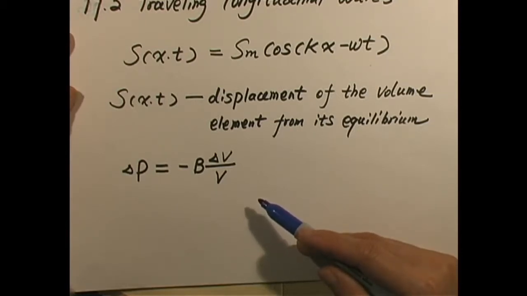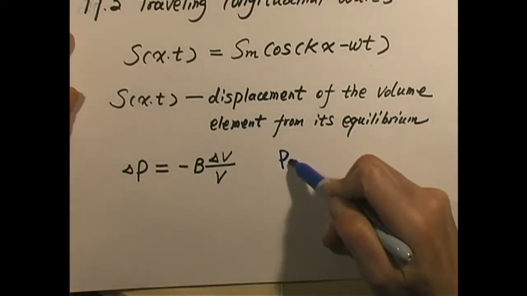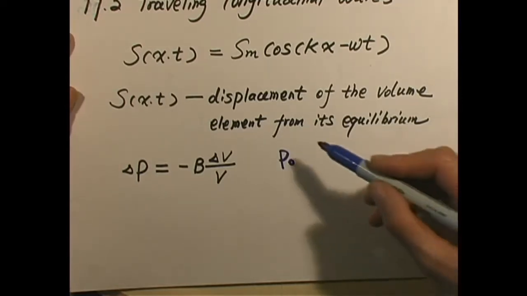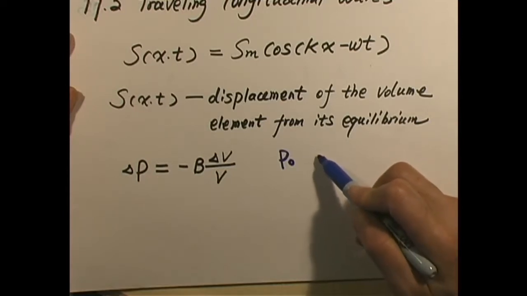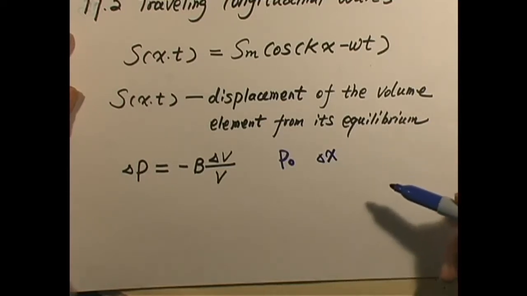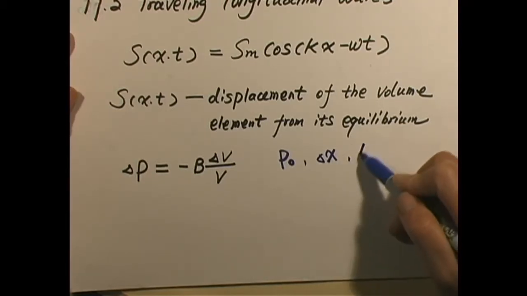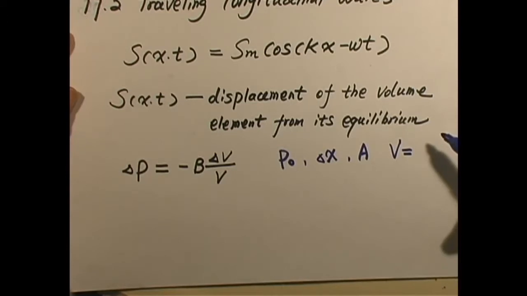If we assume that in an undisturbed zone, the pressure is P_0, and we cut a slice of moving fluid at thickness of delta x, and the cross-section area is A, then the original volume, let's define as V, equals that cross-section area A times the slice delta x we cut.